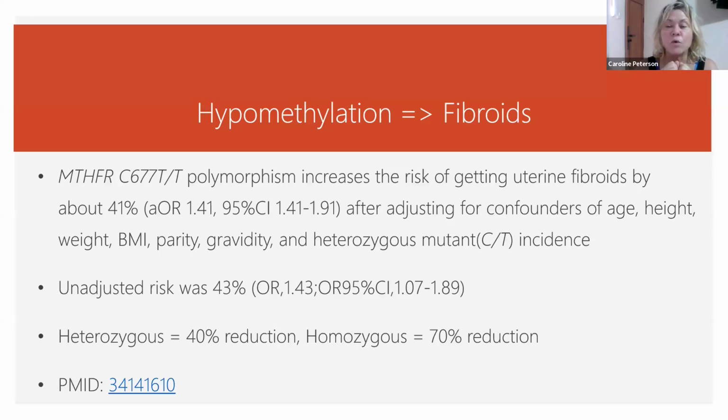And that's a 40% reduction in methylation. If you get two SNPs, one from your mom, one from your dad, then that's a 70% reduction in methylation. So that's very, very significant. But either way, 40% even is adequate to hypomethylate significantly.